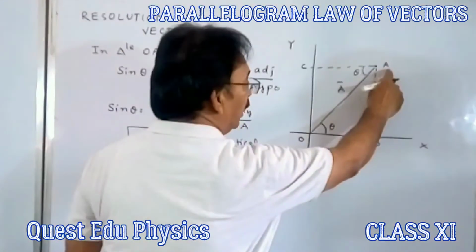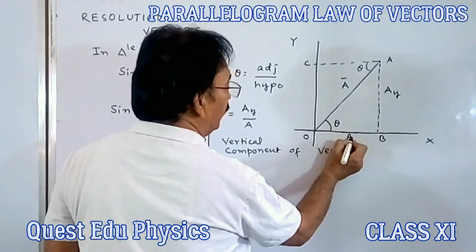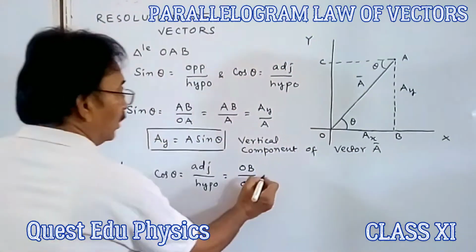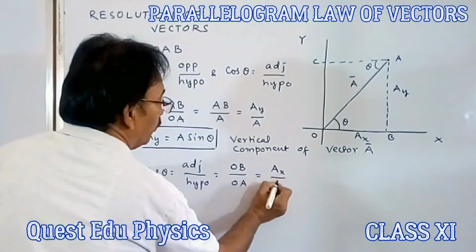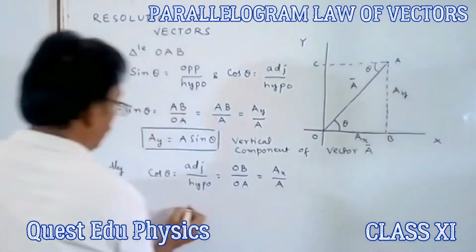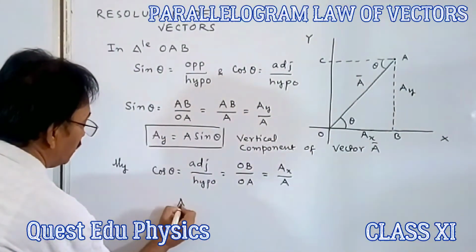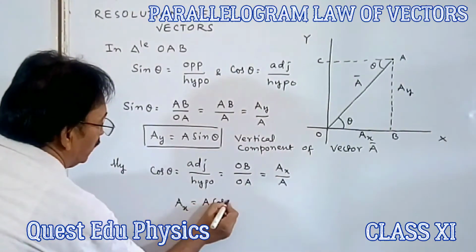Here, if the vertical component is AY along the y-axis, then we can write OB as AX, so OB by OA is AX by A. It gives us AX is equal to A cos theta.